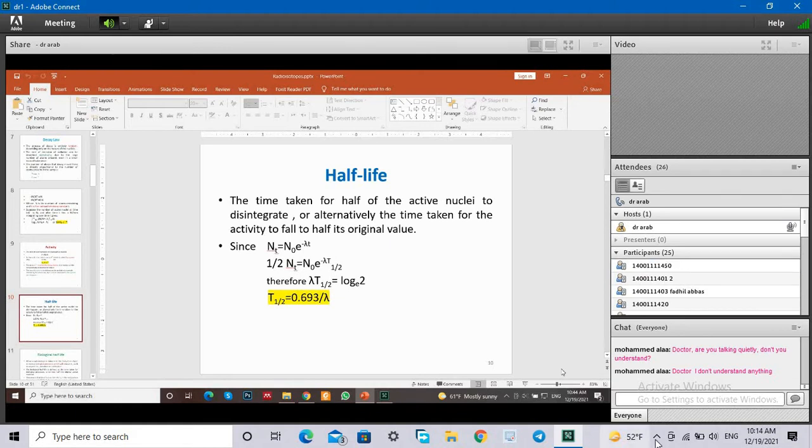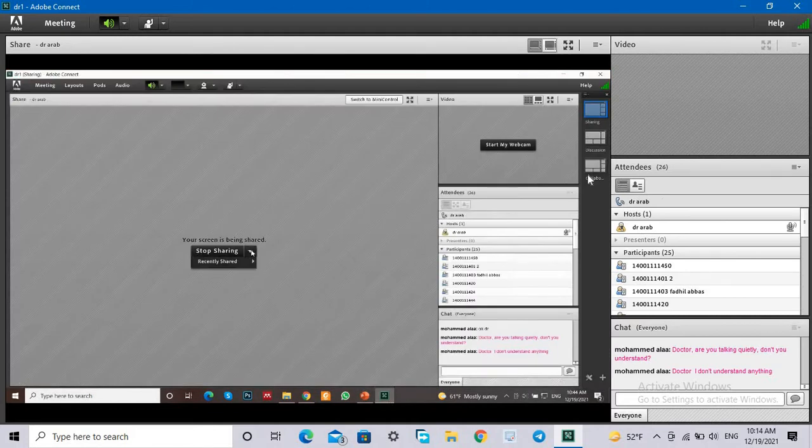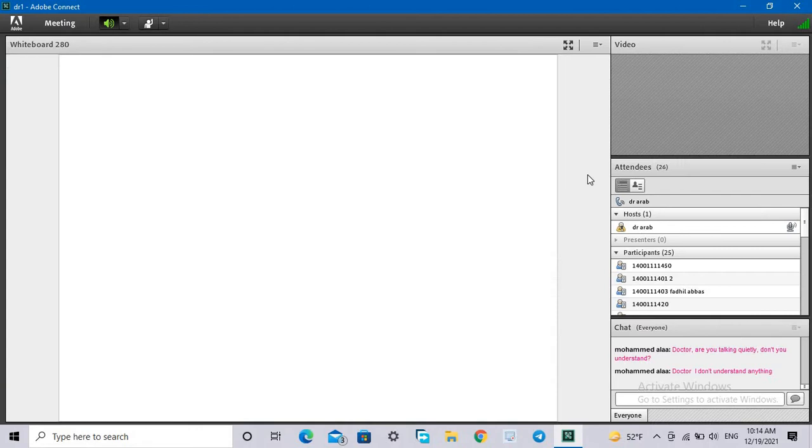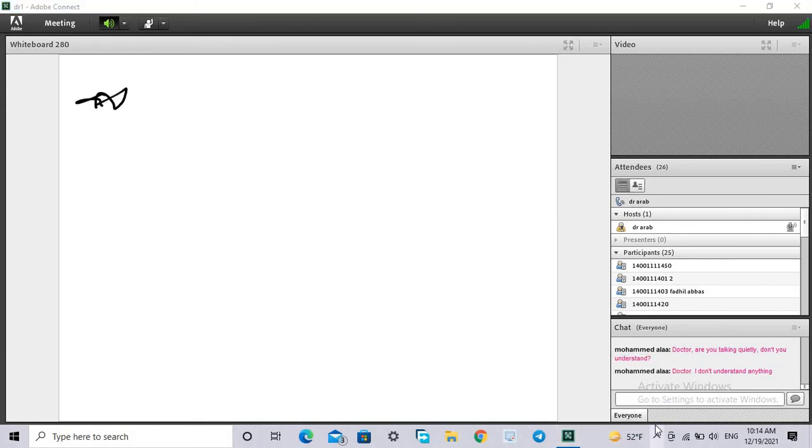Up to now, I mentioned three equations that are very important in nuclear medicine. I can summarize them if I write on the whiteboard. One of them relates to N: N equals N0 multiplied by exponential minus lambda t.